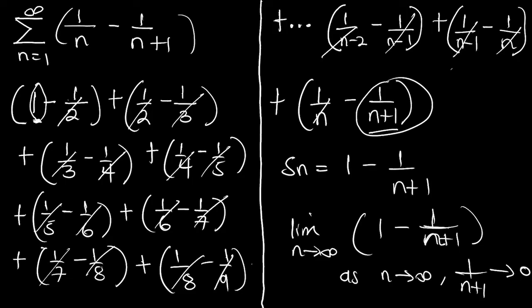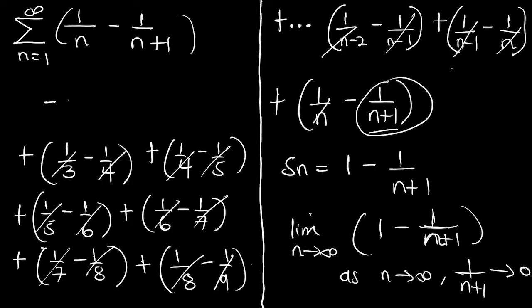So at the end of the day, let me make space somewhere here. At the end of the day, our partial sum is going to be limit as n approaches infinity. Our partial sum is going to give us what?